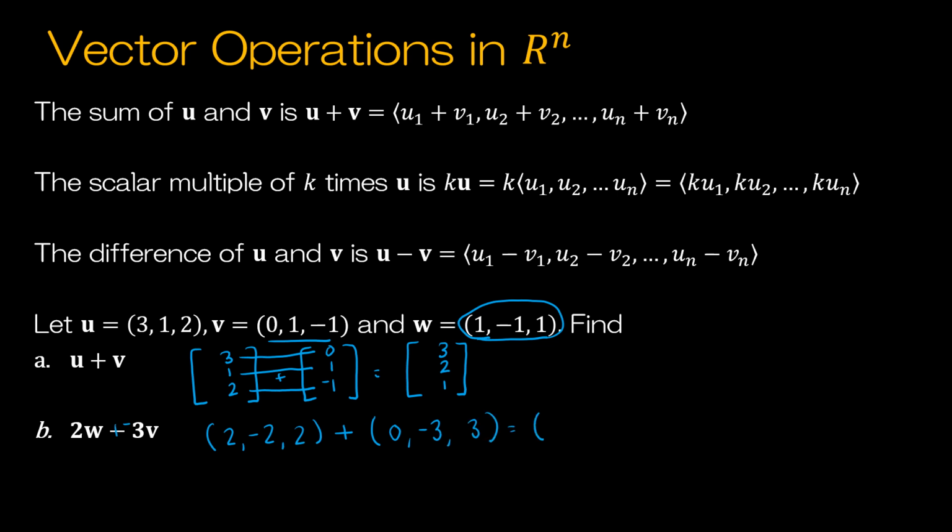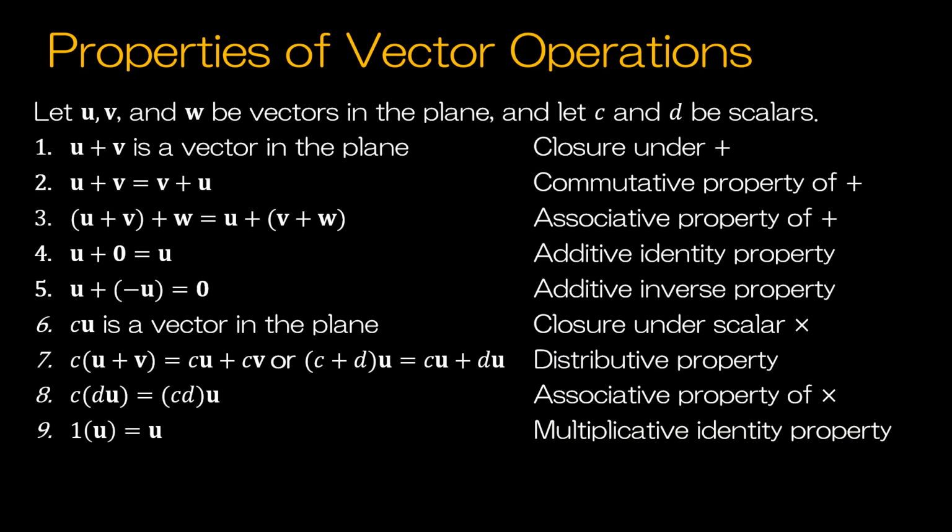Then I would add those together to get 2 plus 0, negative 2 plus negative 3, and 2 plus 3. Whether I write it as an ordered triple or as a column vector, the results are the same. The same properties that we had for vector operations in R2 still hold for vector operations in Rn.